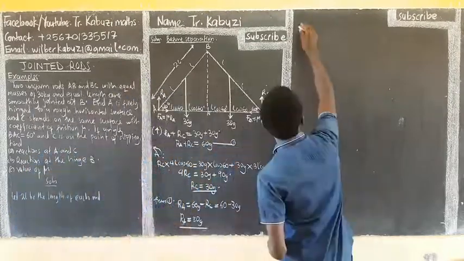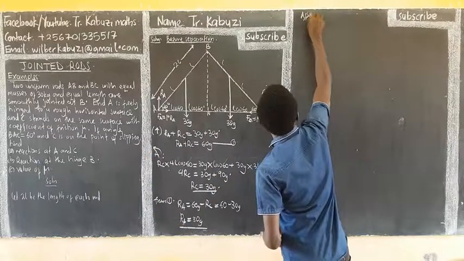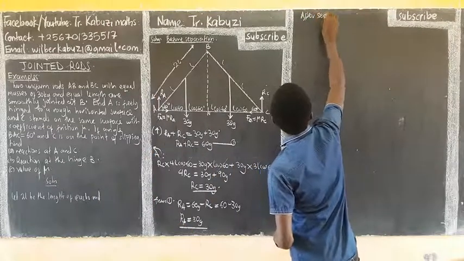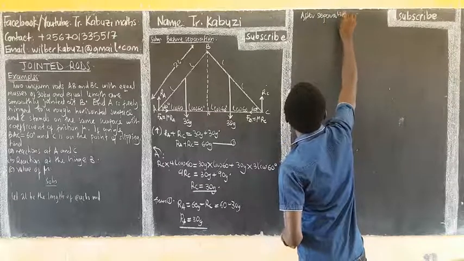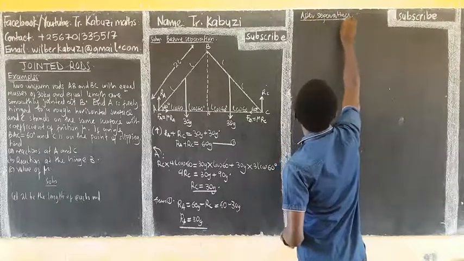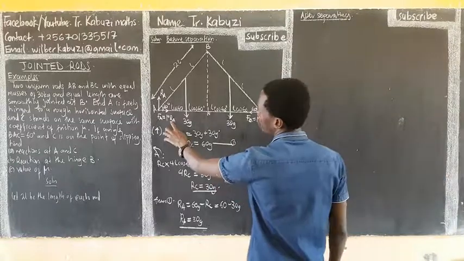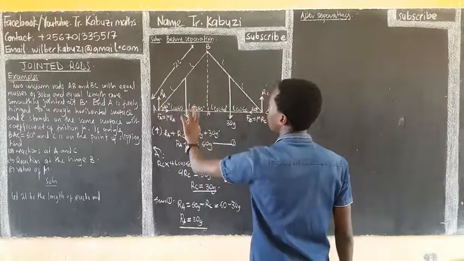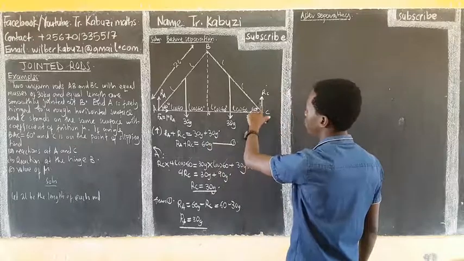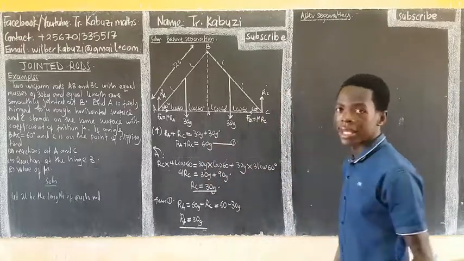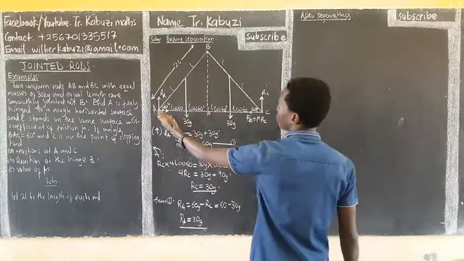After separating, now you consider the rod with the fewest number of forces. You see this, we have 1, 2, 3. This one 1, 2, 3. So they have the same, so you can take any. But it's always better to take this one. So me, I always take this, but you can take this, and it is going to give you the same answer. So if I take that, this is going to be my rod.